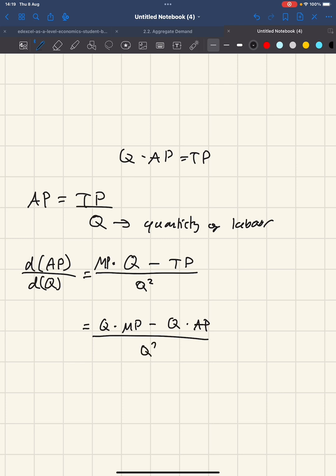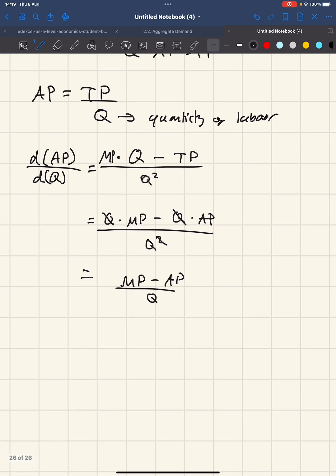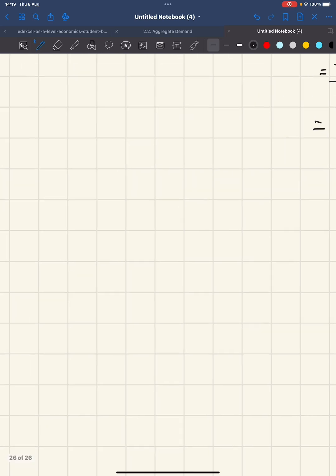Here we can just take out a Q from there, a Q from there, and a Q from there. So we get MP minus AP over Q is the differential of average product with respect to Q. This essentially just proves what we've just said in this graph.